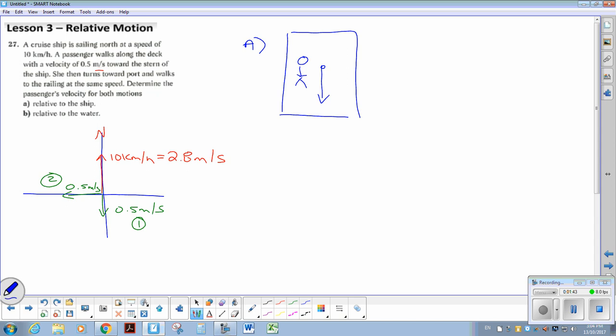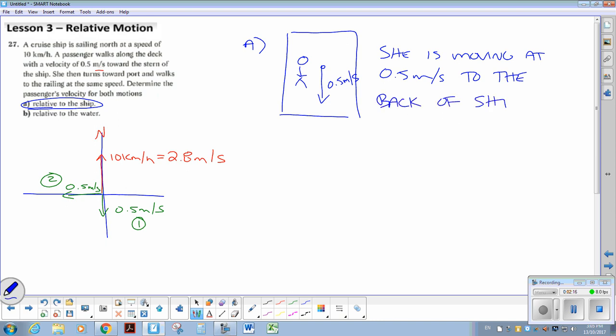I see her moving 0.5 meters per second toward the back of the ship. That's what I see, because when it says relative to, that's where I draw me. I'm relative to the ship, so that means I'm on the ship. So she is moving at 0.5 meters per second to the back of the ship.